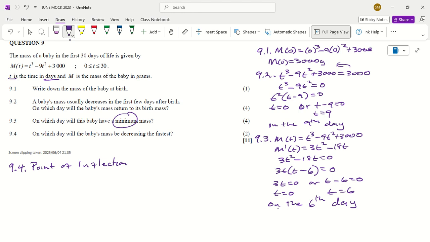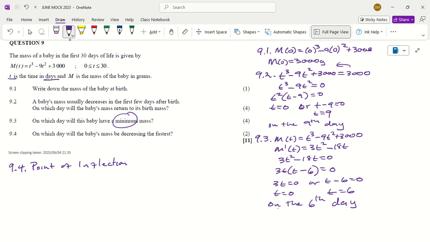So when they talk about decreasing the fastest, remember what makes a function decrease is the gradient, and the magnitude of the gradient dictates how fast the baby's mass decreases.